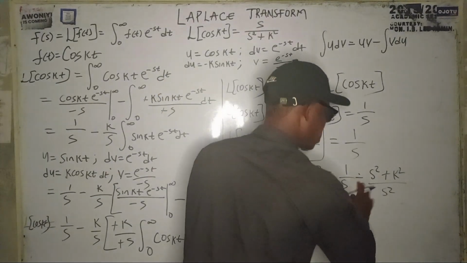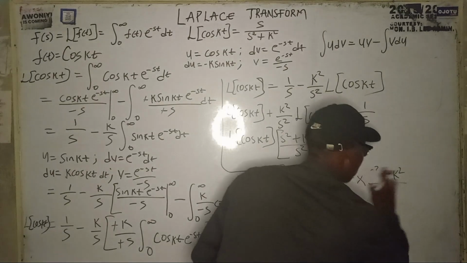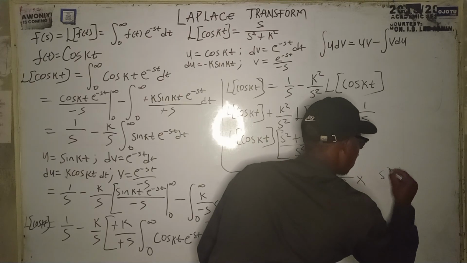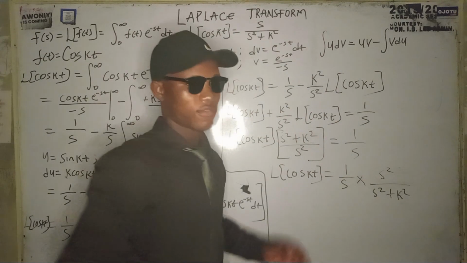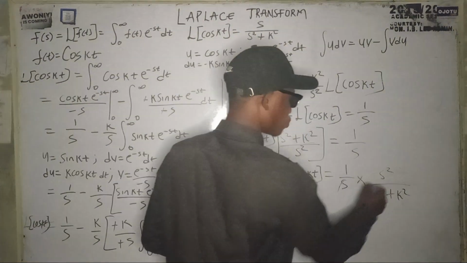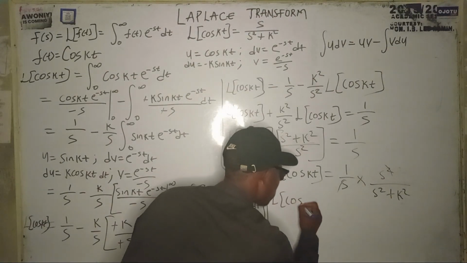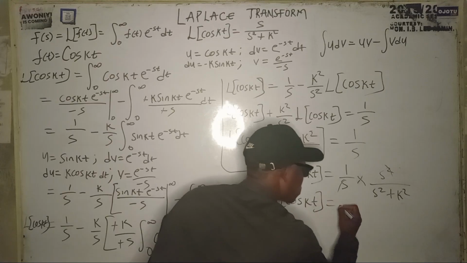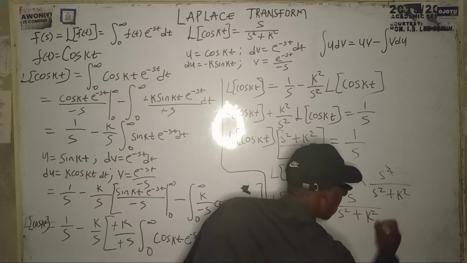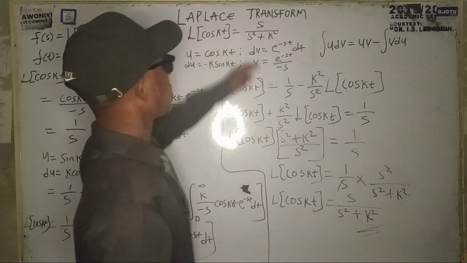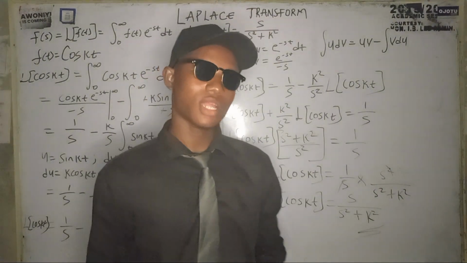So this becomes s squared over s squared plus k squared. Here, s will cancel one of the s, and we are going to have Laplace of cos kt equals s over s squared plus k squared. This is our final answer, and we see that it matches with what we have here. So that means our formula is correct.